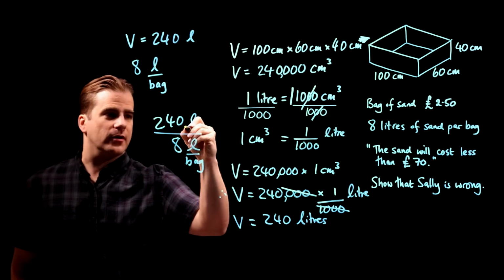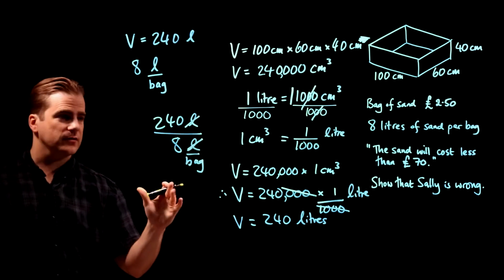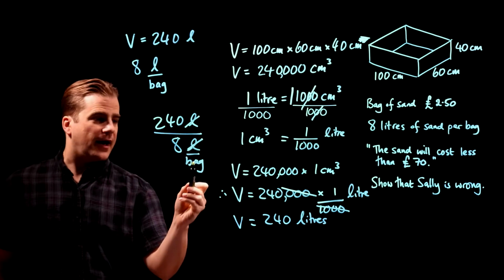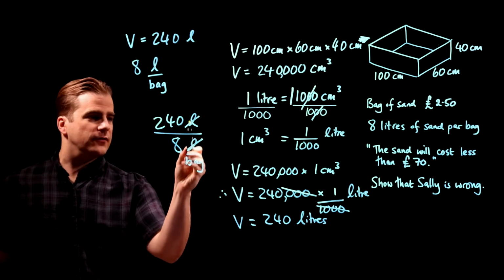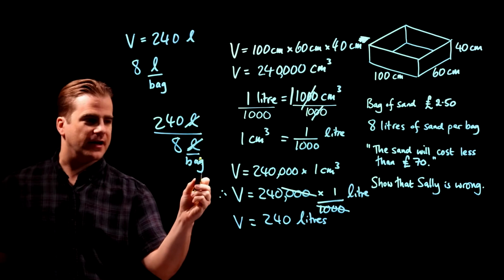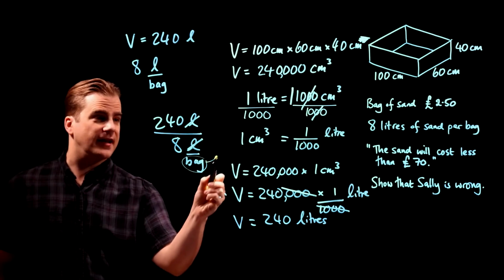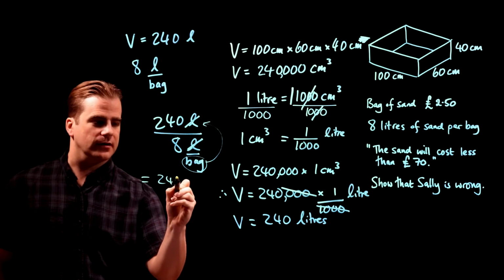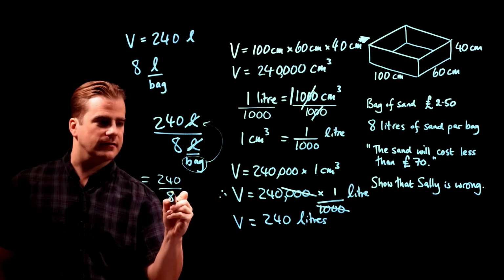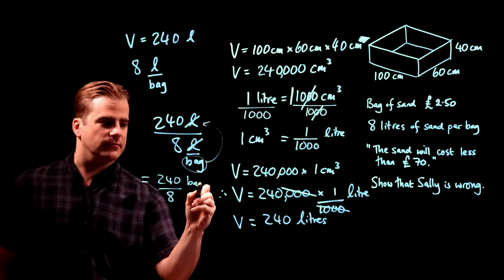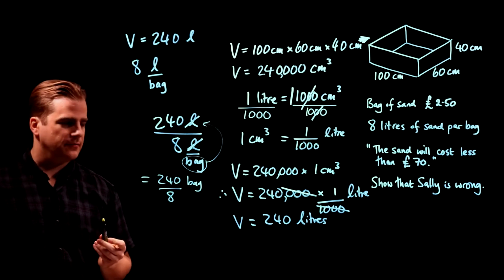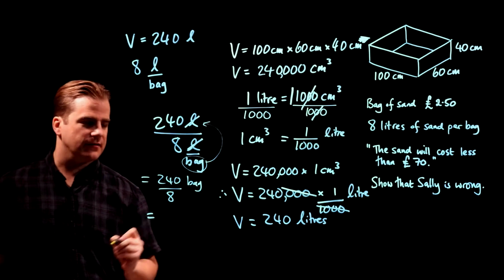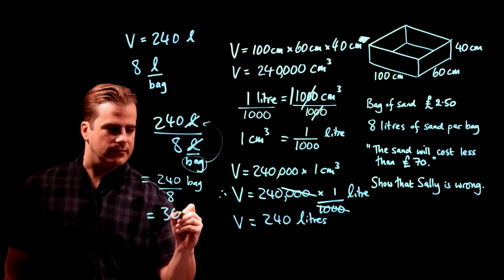L on the top, L on the bottom, they cancel. We've got rid of them like we wanted to. And the bag, you see, you're dividing, then dividing again. So the bag actually, that's the same as it being on the top. So that's the same as 240 over 8 bag, or bags, if you like, which is 30 bags.